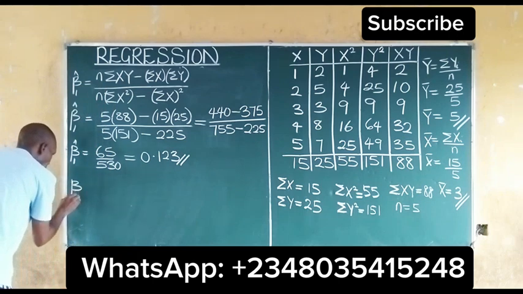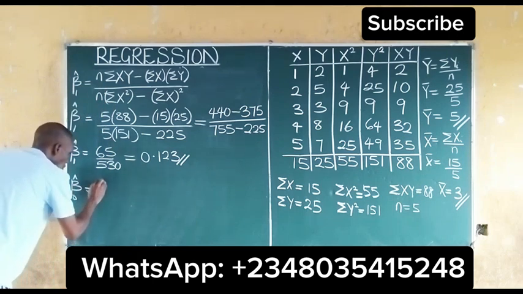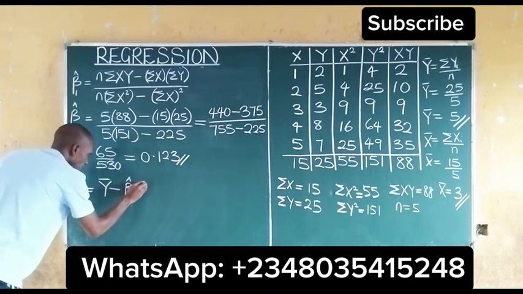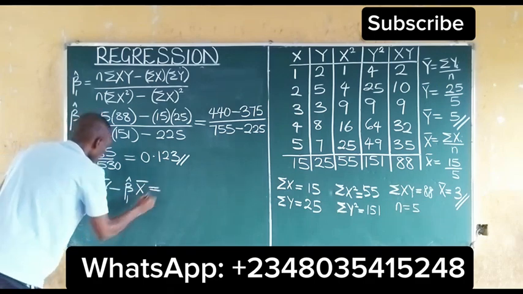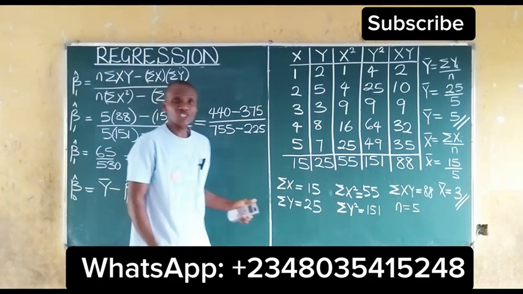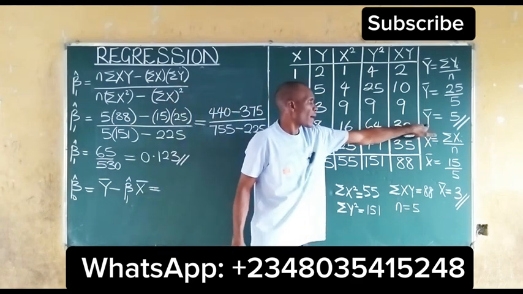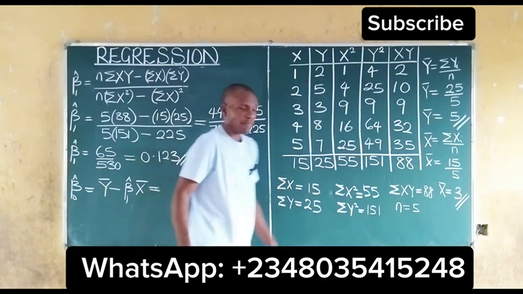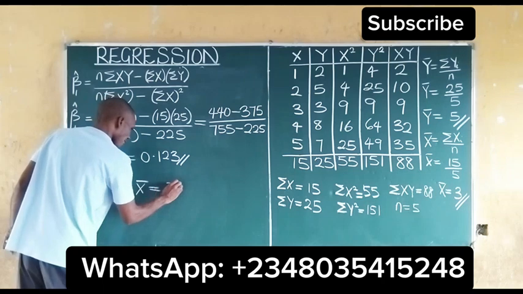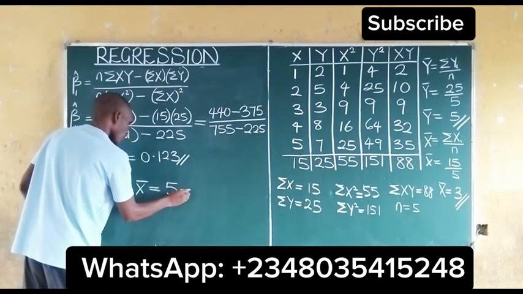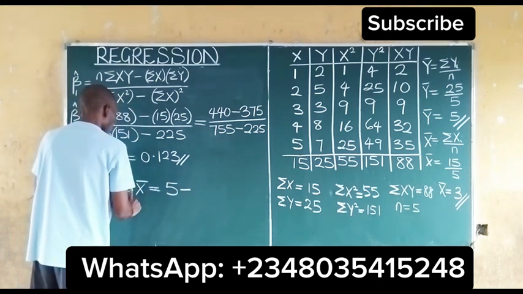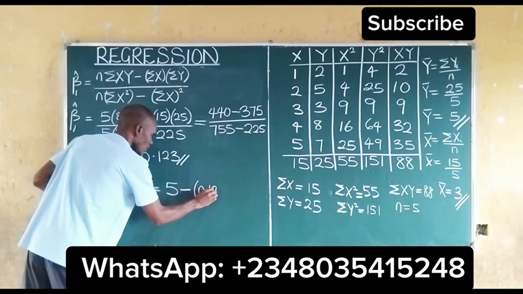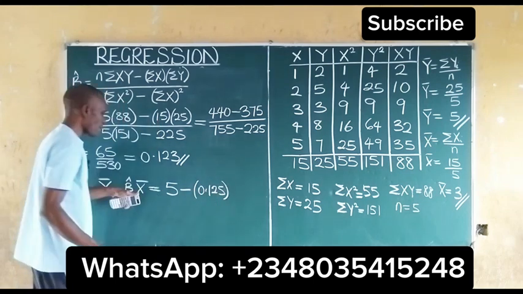Also, our B0 estimate is equal to y bar minus B1 estimate multiplied by x bar. What is our y bar? Initially, we calculated it and our y bar is 5. So we have 5 minus our B1 estimate, 0.123, multiplied by our x bar.